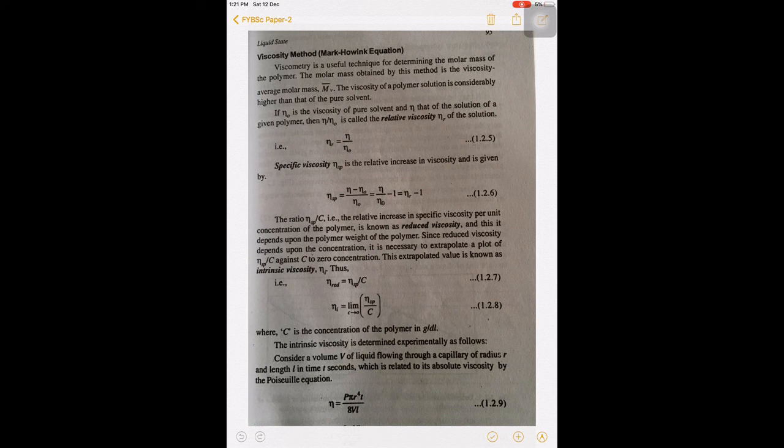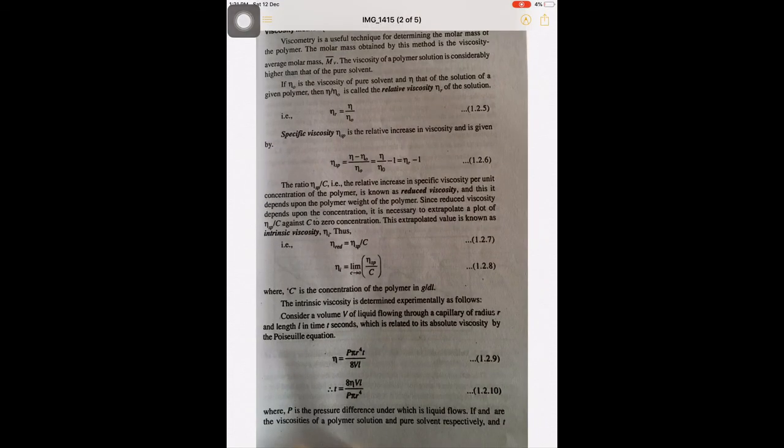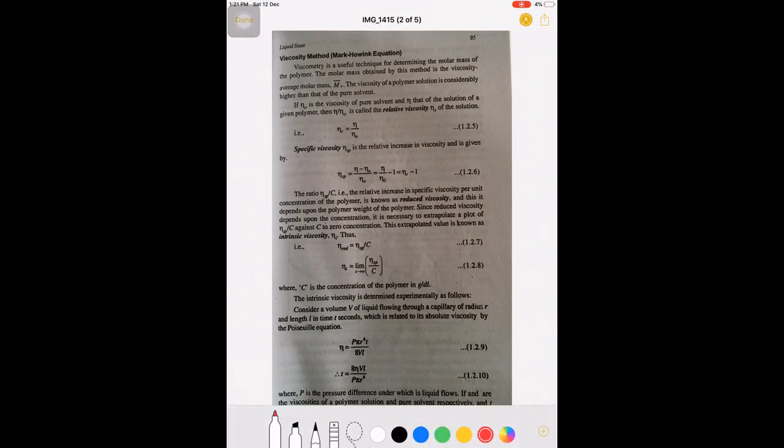That is, the viscosity of the polymer solution is higher than that of the pure solvent. If eta 0 is the viscosity of pure solvent and eta is the viscosity of the solution of a given polymer, then eta upon eta 0 is nothing but the relative viscosity of that solution.